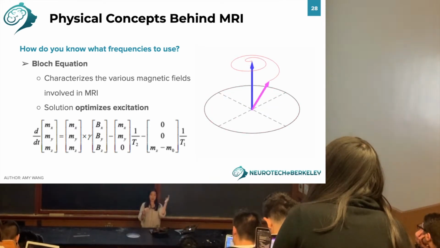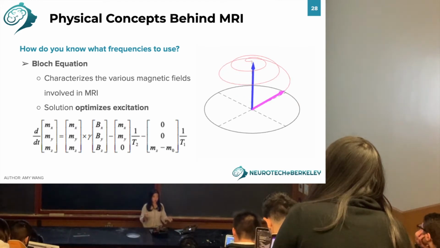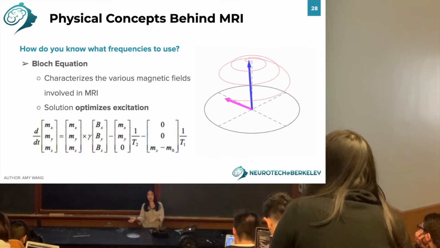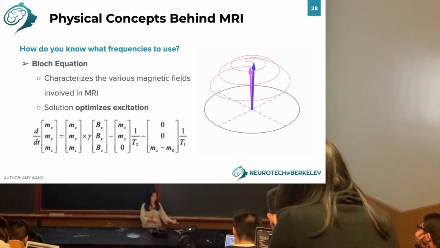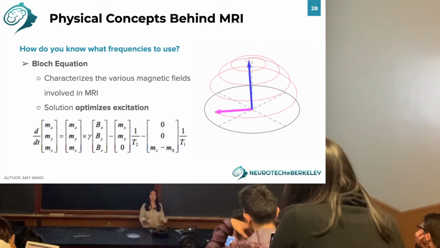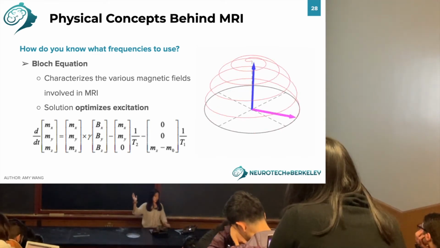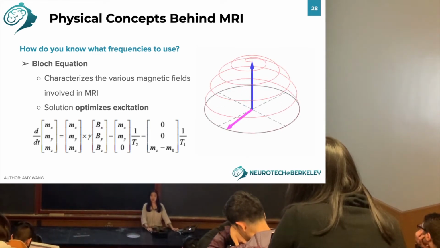The time it takes to do that and the characteristics of this spiral back up is what the MRI is measuring. So how do you know what frequency of the magnetic field to use? That's where the Bloch equation comes in handy. It characterizes the various magnetic fields involved in MRI, and solutions to this lovely differential equation optimize the excitation of the molecules in the subject for MRI.